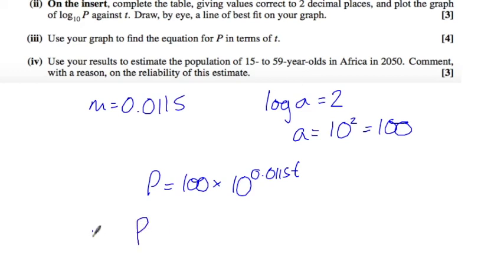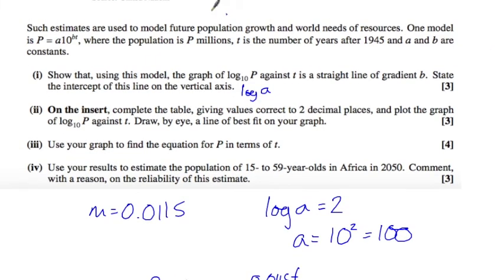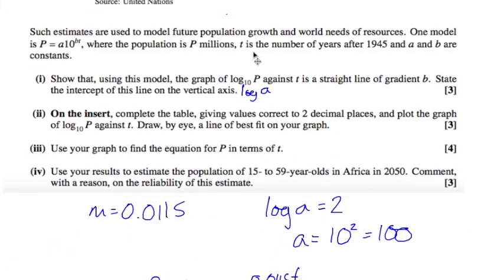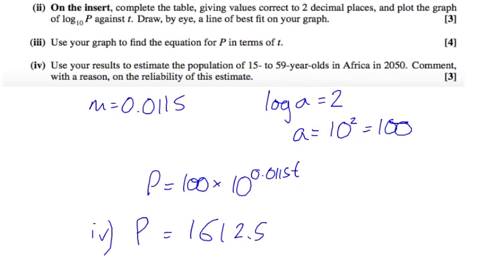So I'm going to do 100 times 10 to the power of 0.0115 times 105, which is 1612.5, and was that in millions? It was, so that looks like basically 1.6 billion people.